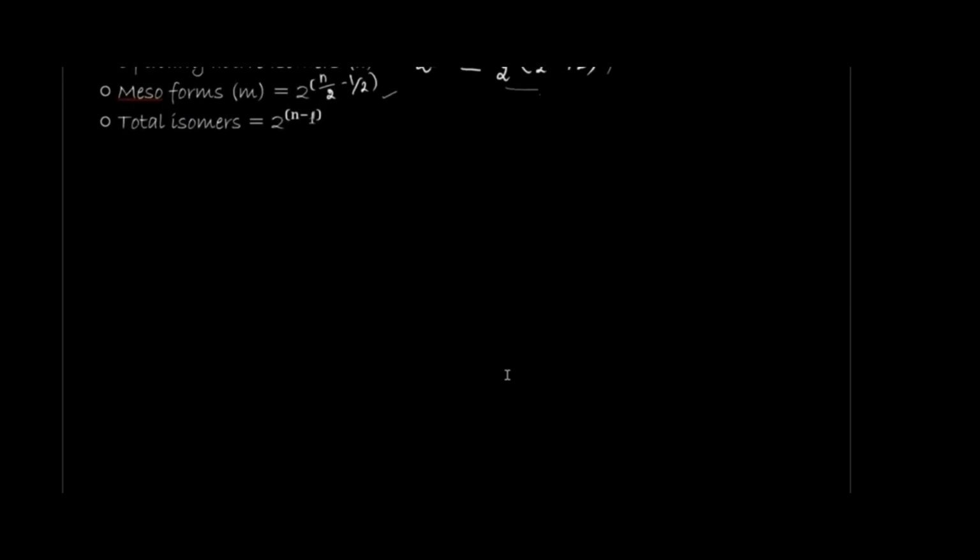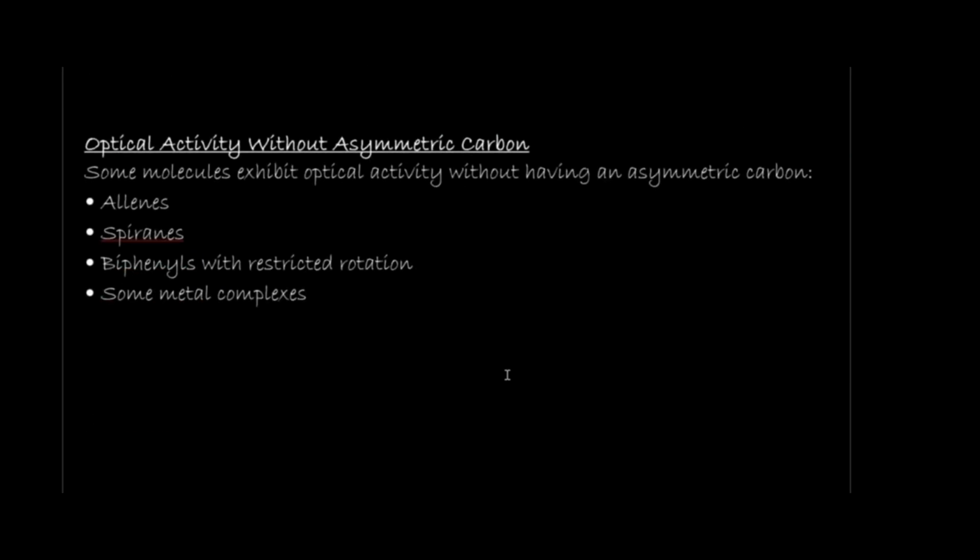Okay, then we are moving on to optical activity without an asymmetric carbon. You said it should have a chiral carbon, an asymmetric center, but how can a compound exhibit optical activity without having those centers? Yes, that is possible.